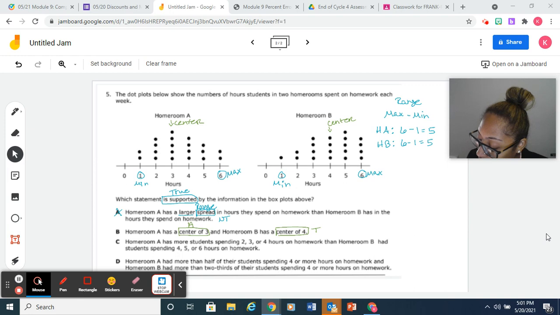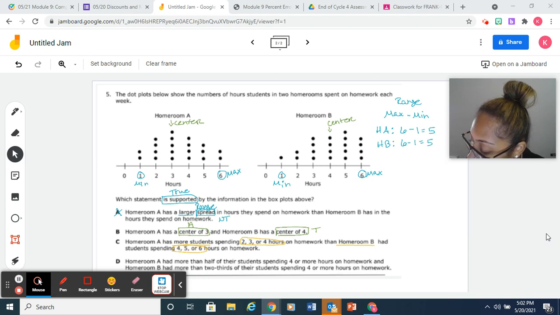So let's look at answer choice C. Homeroom A has more students spending 2, 3, and 4 hours on homework than homeroom B has students spending on 4, 5, and 6 hours. Okay. So let's calculate how many students are spending 2, 3, or 4 hours in homeroom A. So that's 2, 3, and 4 hours.